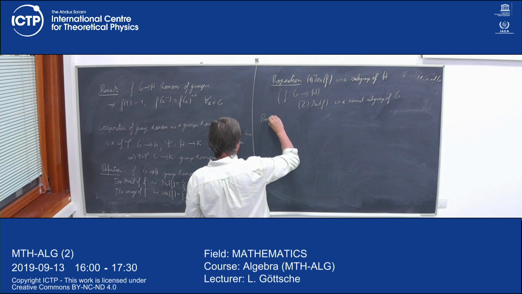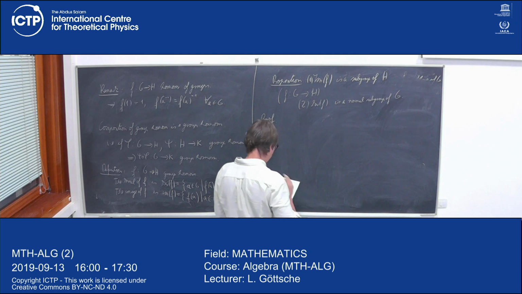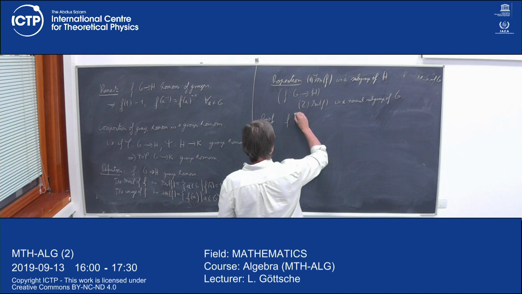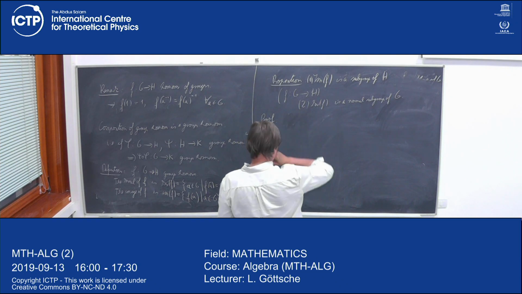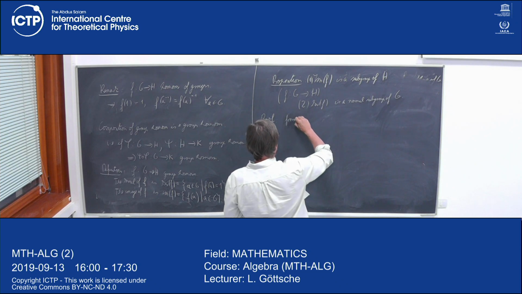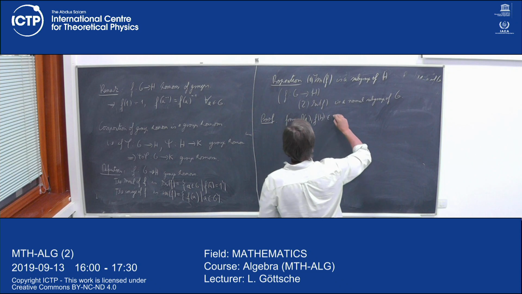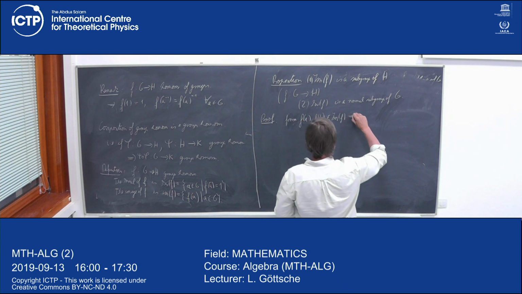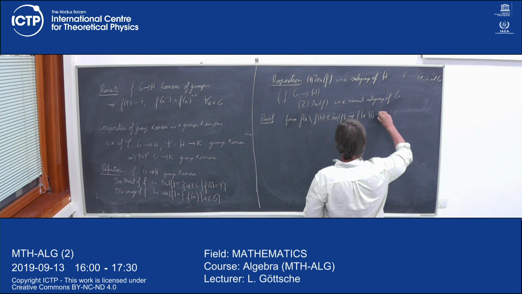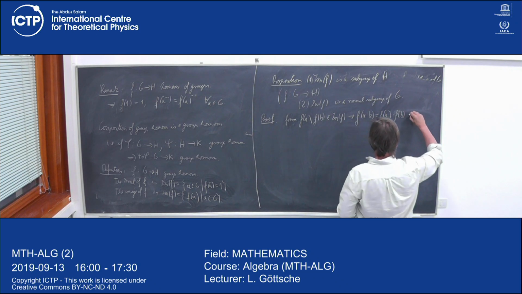Okay, so let's see it. It follows directly from the definition. If f of a and f of b are in the image, we get f of ab, which is equal to f of a times f of b, and is in the image.